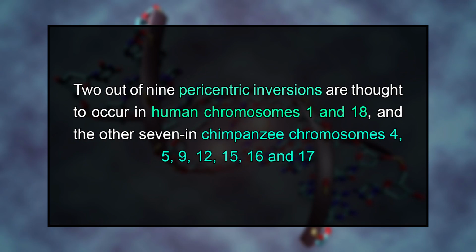Two out of 9 are thought to occur in human chromosomes 1 and 18, and the other 7 in chimpanzee chromosomes 4, 5, 9, 12, 15, 16, and 17. In addition, there are numerous differences in the chromosomal organization of pericentric, paracentric, intercalary, and Y-type heterochromatin. For example, the chimpanzees have a large additional telomeric heterochromatin region on chromosome 18.